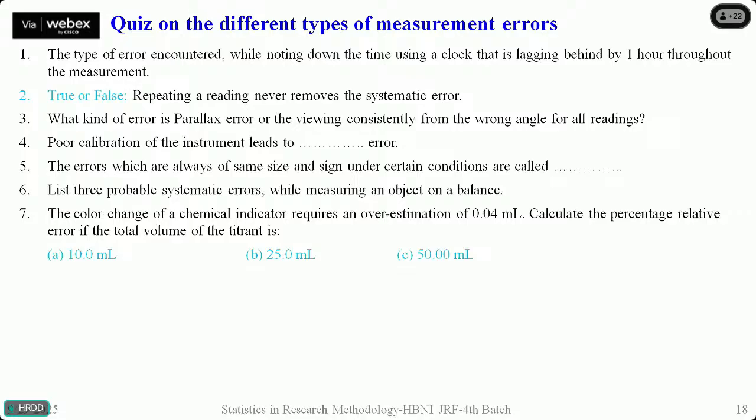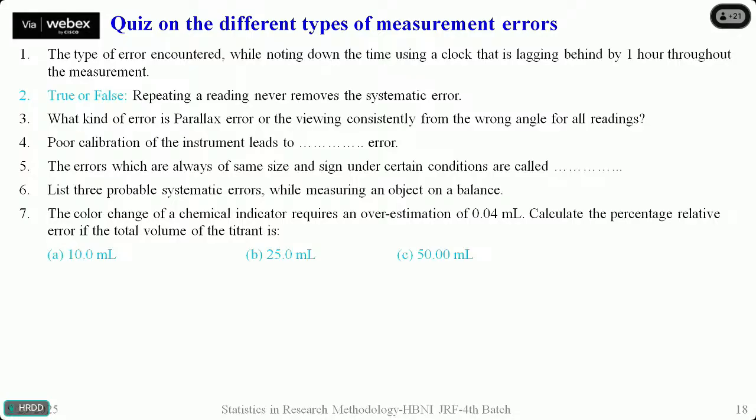You can see whether the balance has wheels or stands, whether they are properly kept. There is a bubble in the balance to show whether it is properly kept. If the bubble is slightly shifted, you can keep it properly. And while noting down also, you can check the calibration.